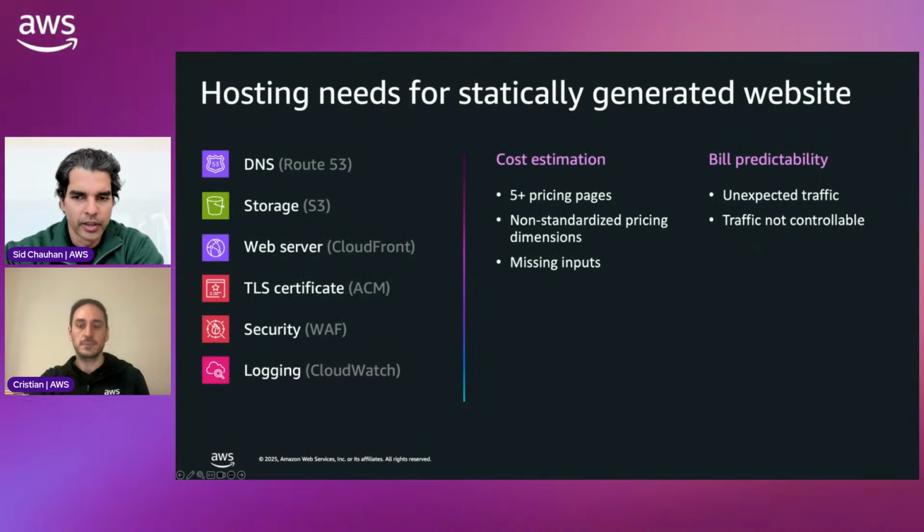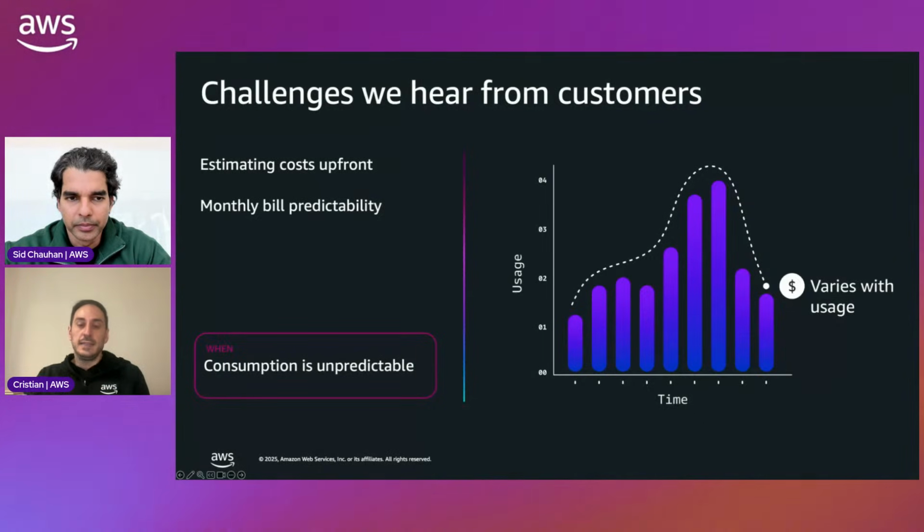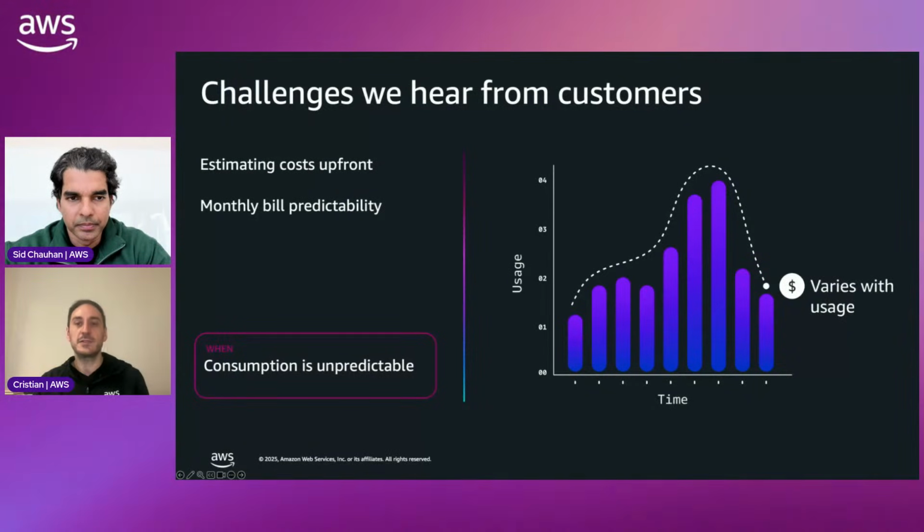So, Christian, would DDoS be also a factor here, something which would help? Yeah, absolutely. So viral traffic, unexpected traffic, DDoS attacks, those are all things that can spike the costs. From a cost protection standpoint, AWS does have a series of different DDoS protection capabilities.